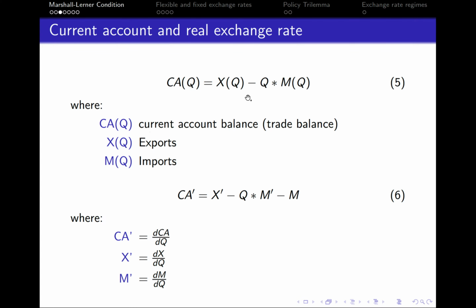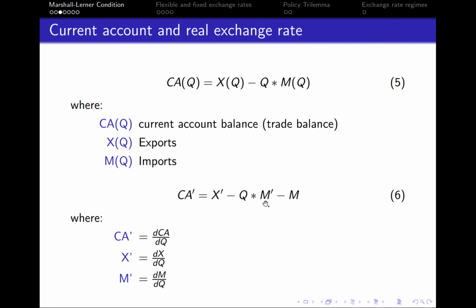And look, if I'm gonna now take and differentiate current account with respect to real exchange rate, I'm gonna get derivative, of course, of exports with respect to real exchange rate, and here, look, I need to use the product rule, and because of that, this expression turns into two separate expressions.